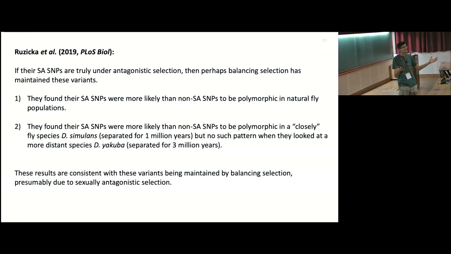I'm very interested in this classic question of what maintains genetic variance in fitness, and the extent to which sexual antagonism might be contributing to the maintenance of genetic variance and also constraining the adaptation of each of the two sexes.